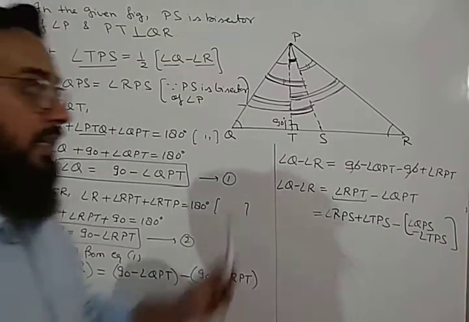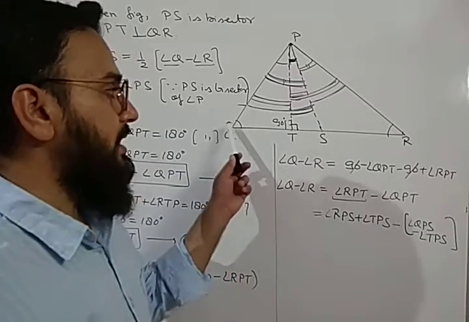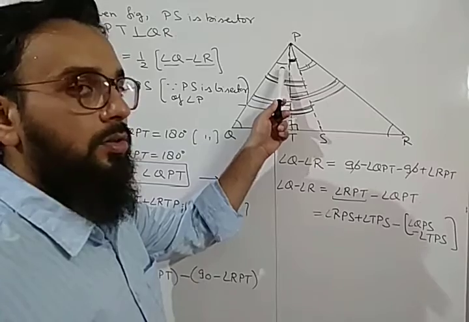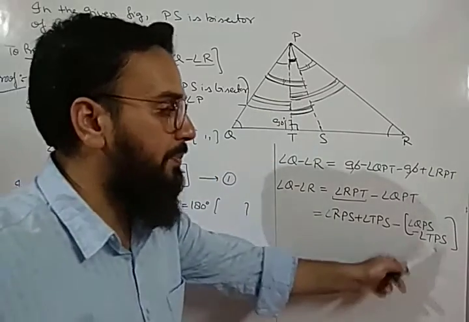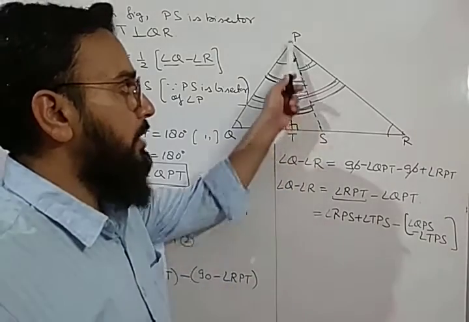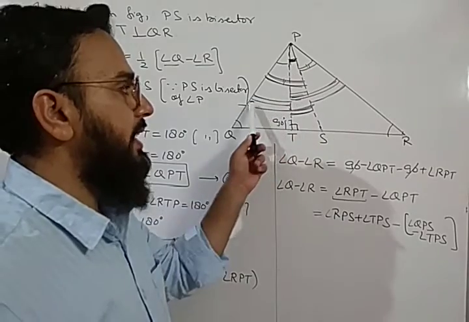Look at the figure very carefully so then you can understand it. This is angle QPT, this much only. So I am converting it in terms of TPS. I am using angle QPS, the complete angle up to S, and subtracting angle TPS, this middle angle. So we will get this angle QPT.